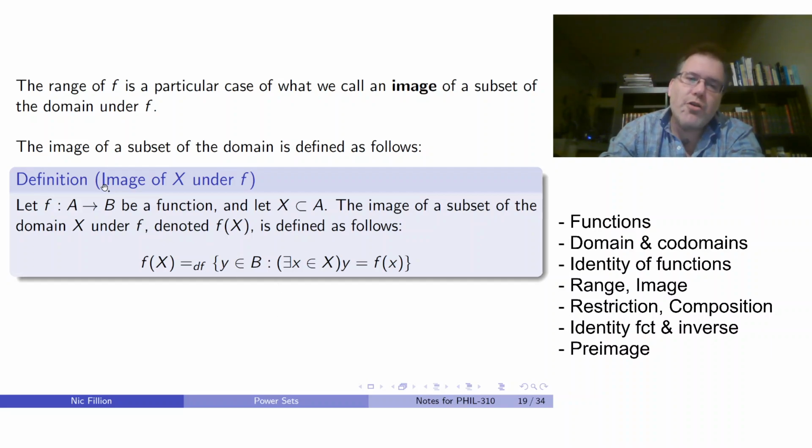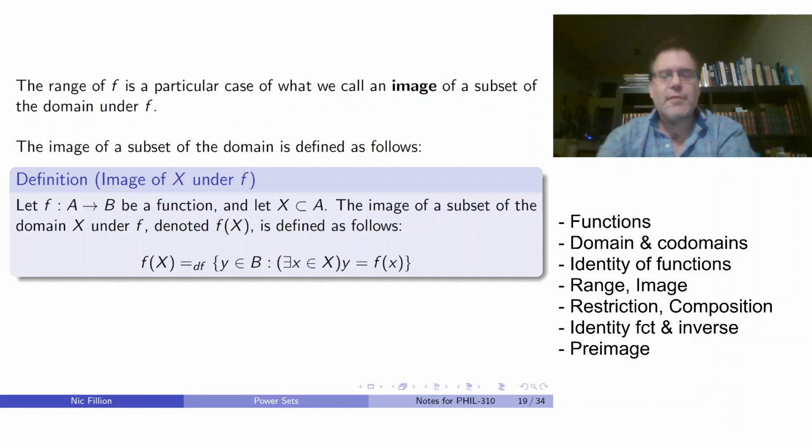So take a function with domain A and codomain B, and then furthermore take a subset of that domain. Now the image of that subset X under the function f, which we denote f(X), but now it's a capital X to make clear that X is not an element of the domain, but a subset of the domain.